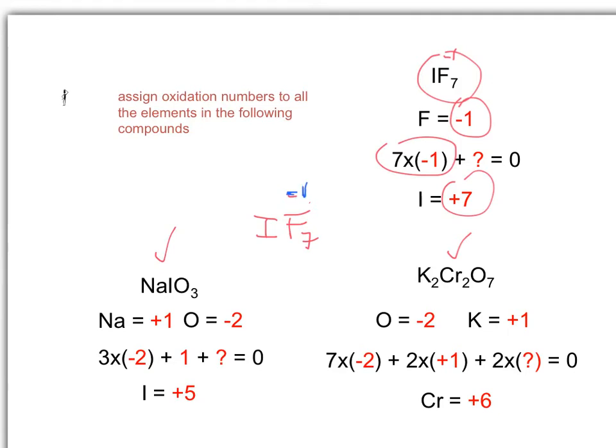So -1 corresponds to the fluorine, but +7 corresponds to the single iodine there. This is how you'd write the oxidation numbers when you do your tracking later on in the unit.